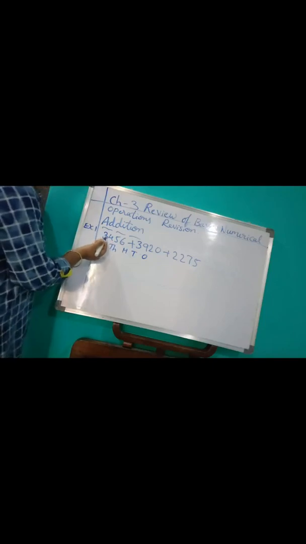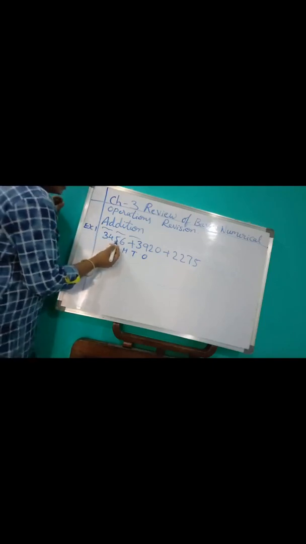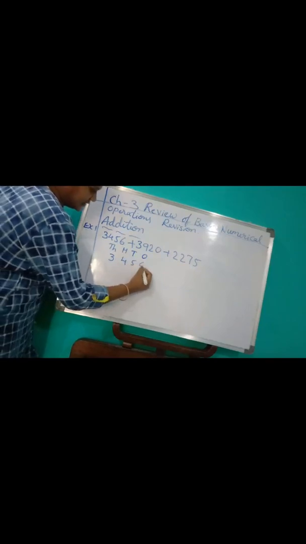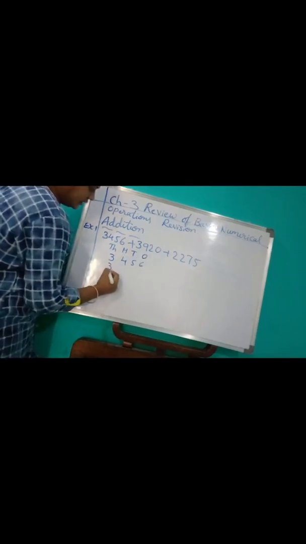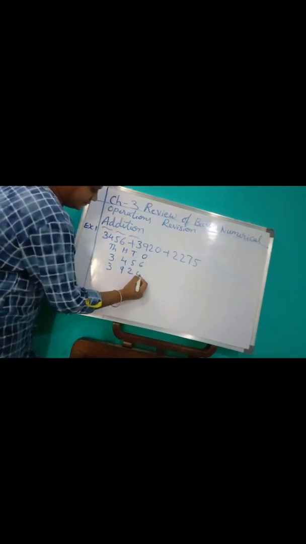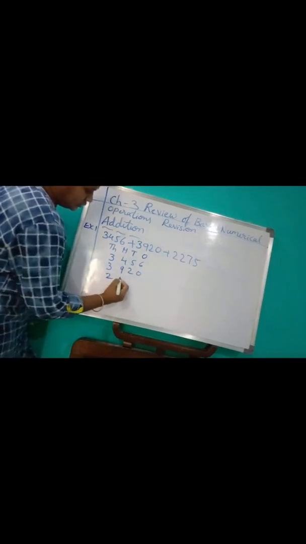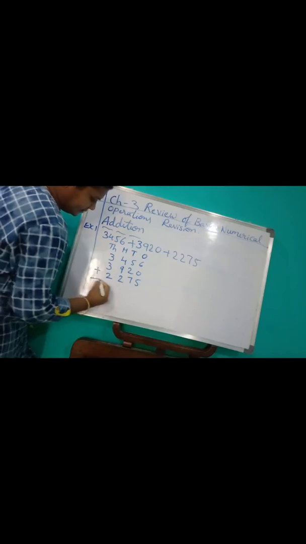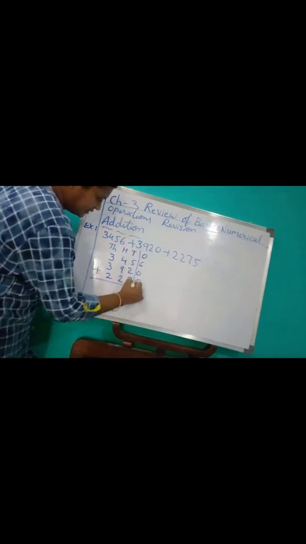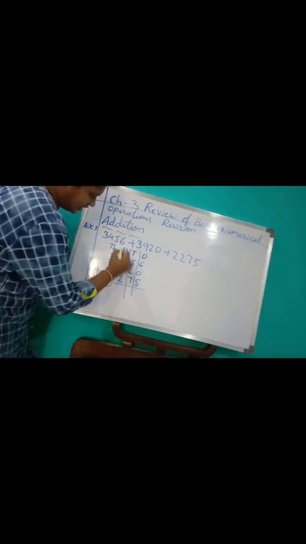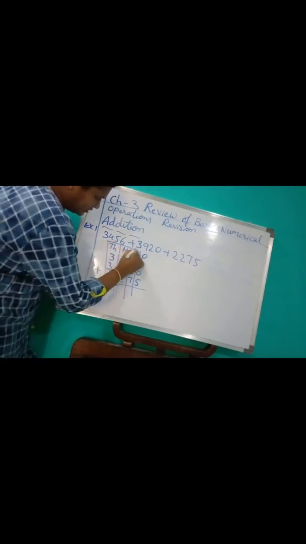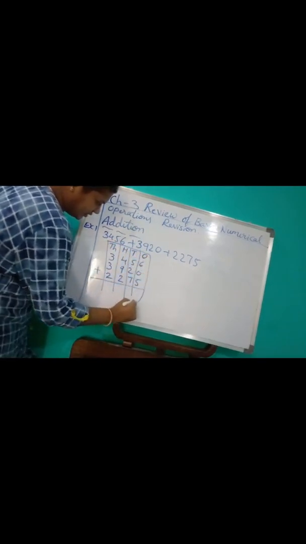First which number is there? 3456. After that 3920. After that 2275. You should add this. Yes. This is called the place value chart. You should arrange the numbers in the place value chart. Yes or no children?